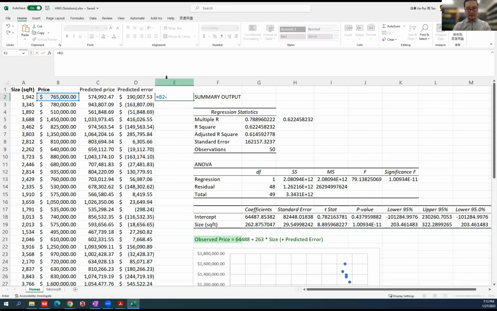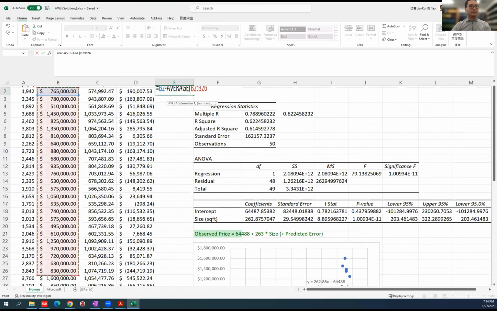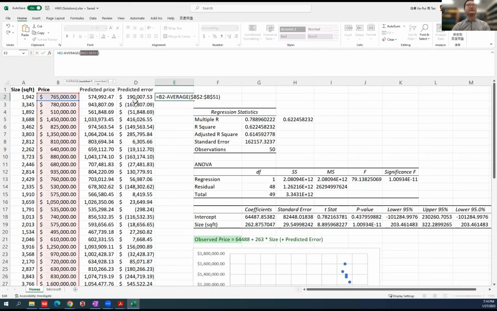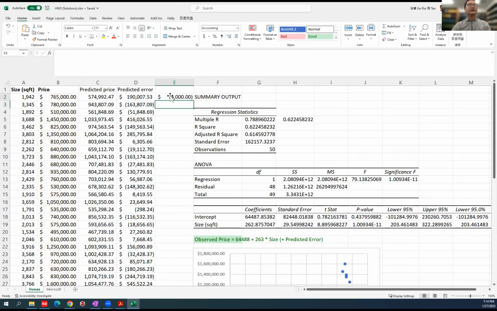So let me calculate an average. The average price of the 50 houses. So remember, when doing this, it's best to have the absolute reference so it doesn't change. Oh, okay. And we need to square it.